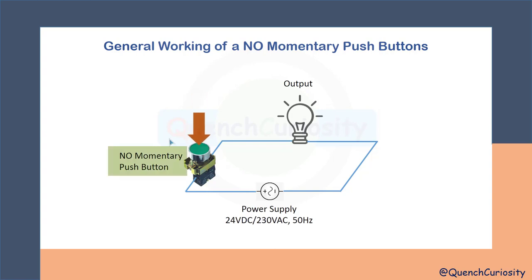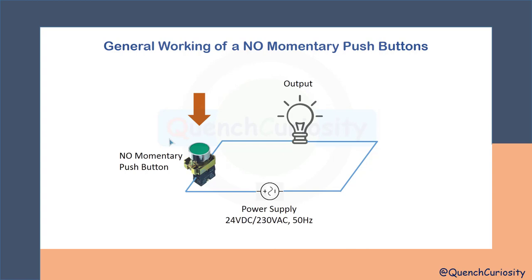When it is acted upon by some external force, as you can see from the arrow, it allows the current to flow, resulting in excitation of the output. And when the force is released, due to the spring action present inside the button, it breaks the loop, cutting down the supply.